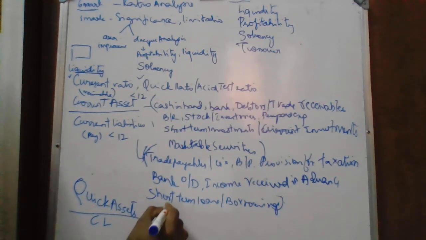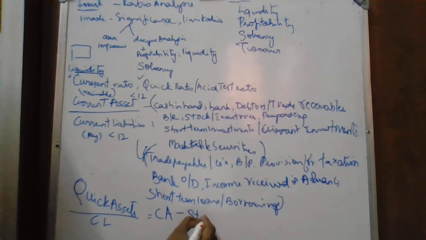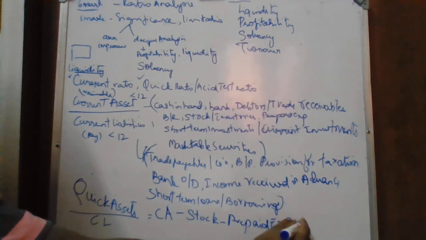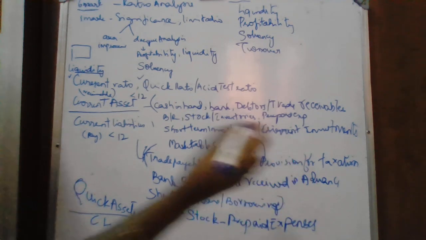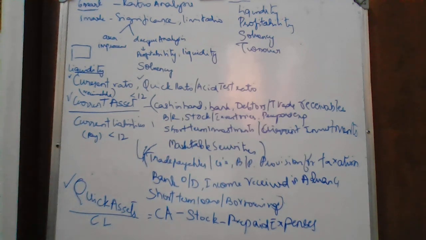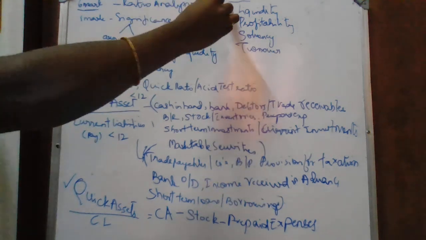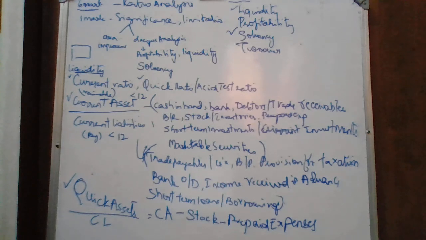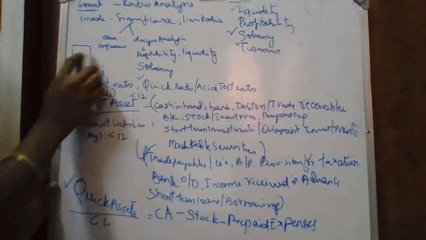But for quick assets, it will be current assets minus stock minus prepaid expenses. These two ratios will be asked in the exam with respect to liquidity, or they might ask solvency, which I will be teaching now.